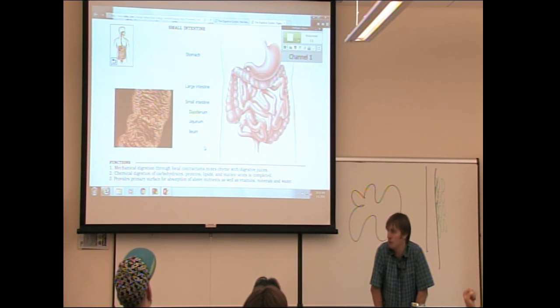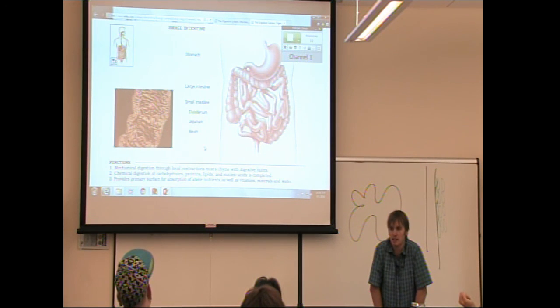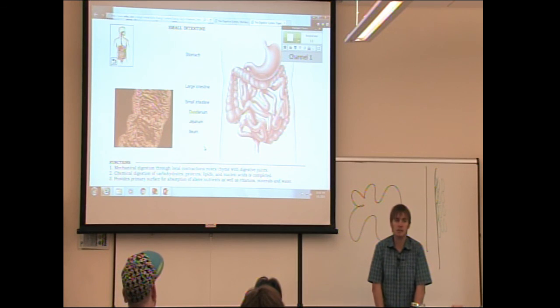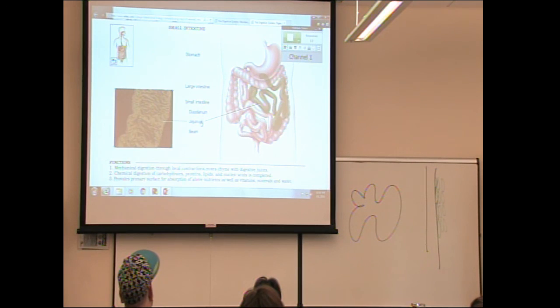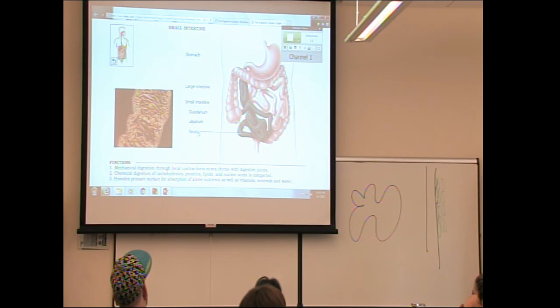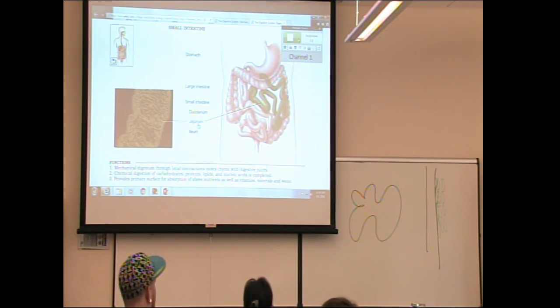Which area does most of the digestion, if you had to guess? So probably these first two. And then as you get farther along, what does the ileum do more of? The absorption. Obviously, it's a continuum, like the duodenum does absorb some. But as you move through, you go from less and less digestion to more and more absorption.